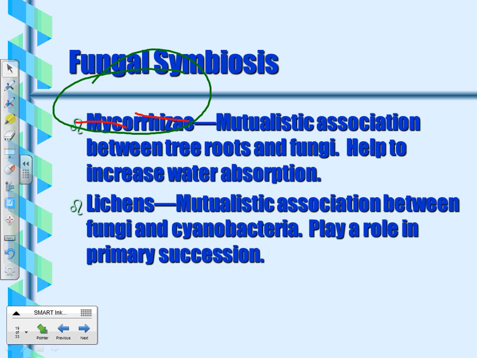A lichen you've all seen. You've probably all touched. These are the little things that look like green or blue paper that grow on the sides of the trees. Grow on top of the bark. They are not a plant. They are not moss. They're a mutualistic association between fungi and cyanobacteria.